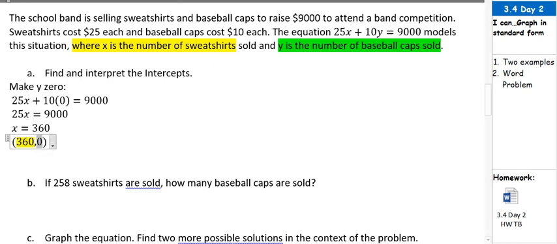Y is baseball caps. To interpret this intercept, all we have to say is 360 sweatshirts were sold and 0 baseball caps sold.